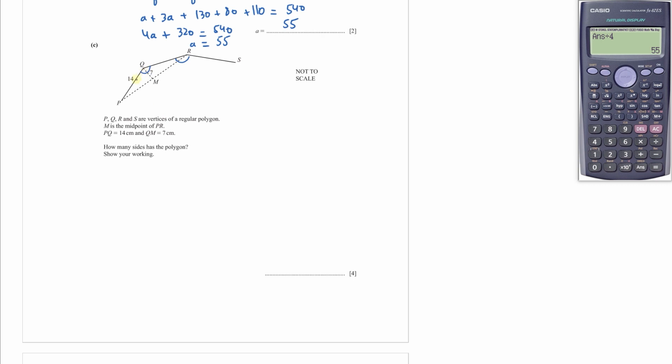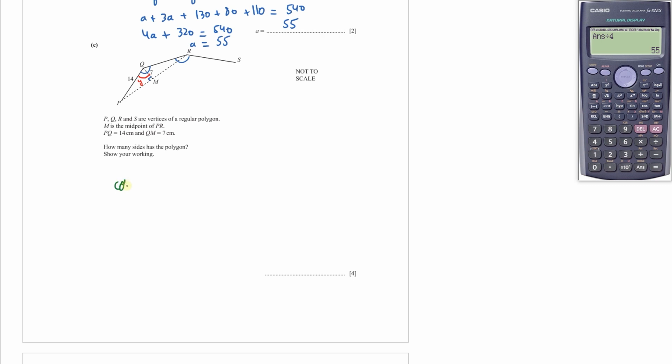So to find this angle, I can actually first find this angle using the triangle PQM. If you look at triangle PQM, this is a 90-degree angle because this is a midpoint. So this line here will be a bisector of this angle, and it will make a 90-degree angle here at this line PR. So if you look at triangle PQM, let's call this angle Y, the red one.